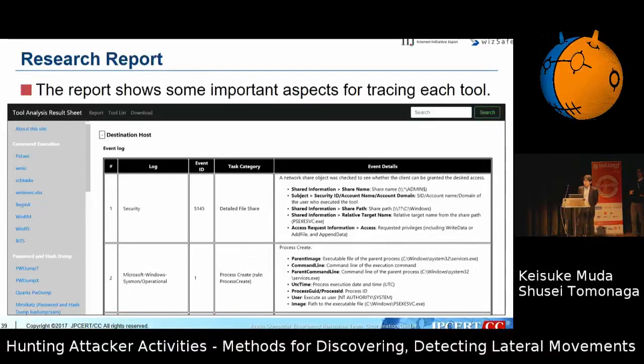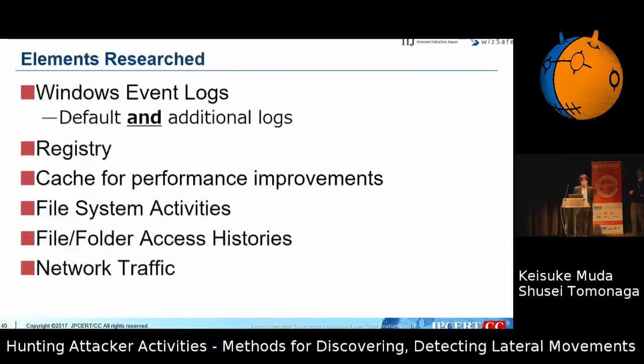The logs in the documents are the Windows event logs, for both default and additional logs, registry and cache for performance improvements, file system activities, file and folder access histories, and network traffic.